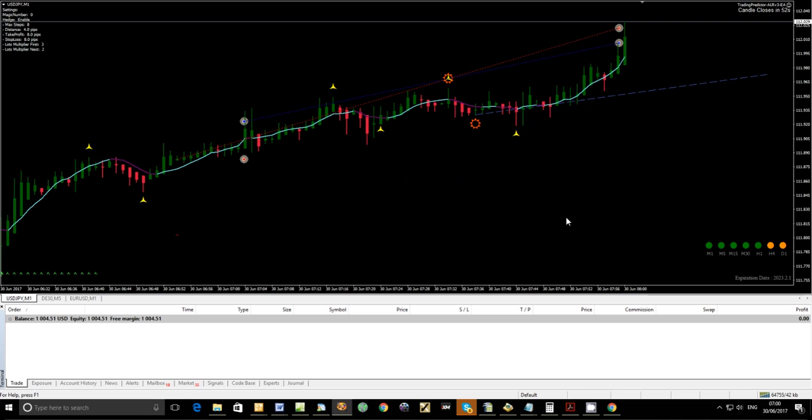With these, and the baseline here and the ceiling, you'll be able to clearly see, by jumping from time frame to time frame, what direction the market is going. Then you can take your trade up or down.